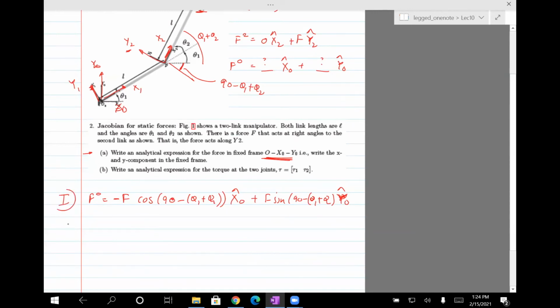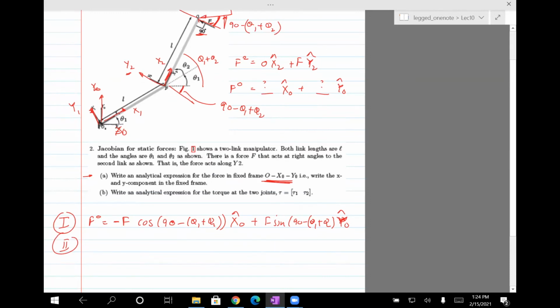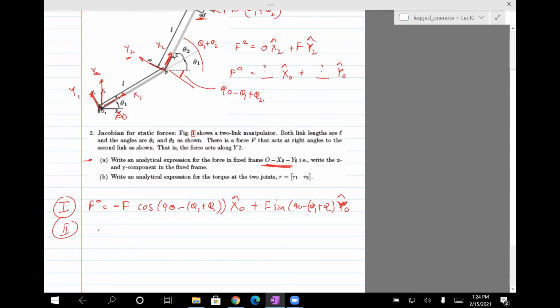There's another way to do it, which is probably simpler. So this all works nicely if you can visualize things and write forces by looking at the angles, but many times it's not possible to do that. So in that case, you can use the same notation we used in the past.